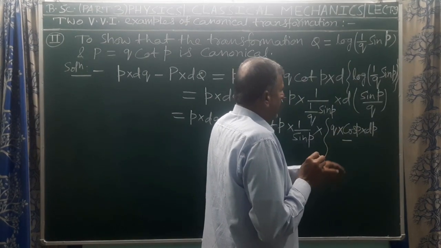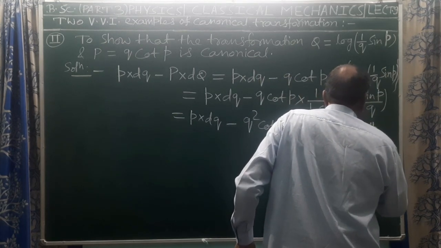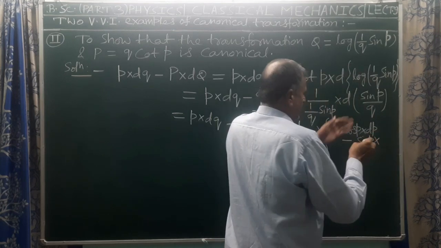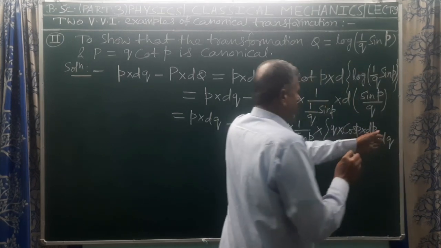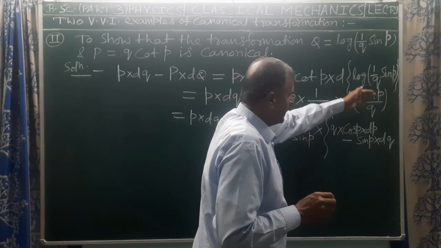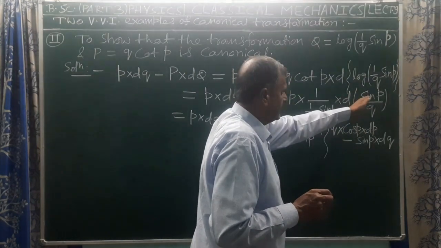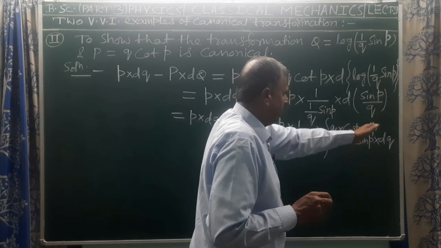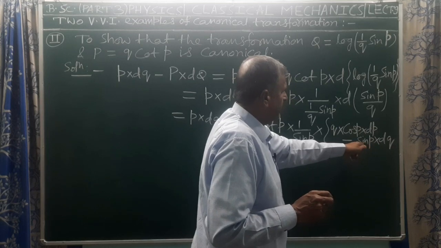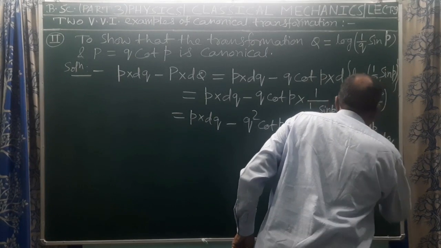So minus sin p is constant, the numerator is constant using the formula, and d of the denominator is small q, so it is dq, sin p into dq. So we have the differentiation of sin p by q: q, the denominator, constant multiplied by d of numerator, that is cos p into dp, minus sin p, numerator constant in the second term, and differentiation of denominator, that is dq, upon denominator square, that is q square.